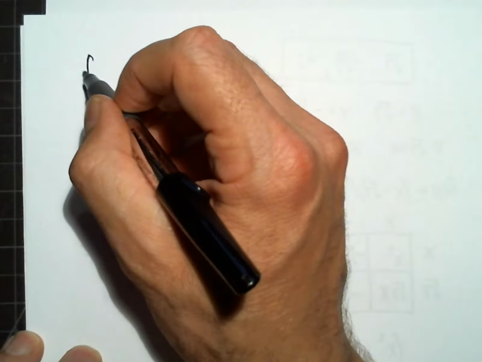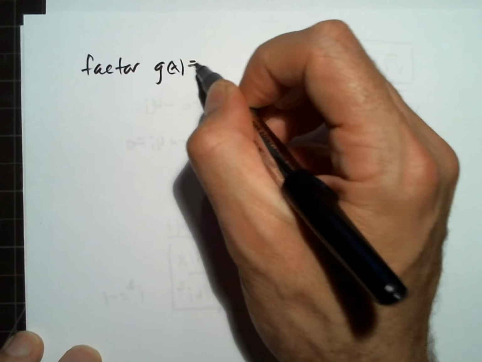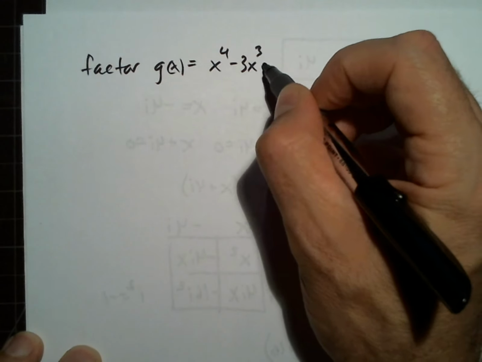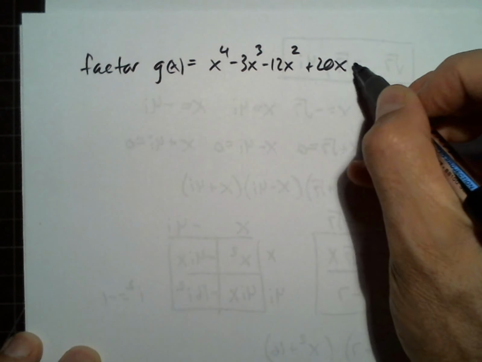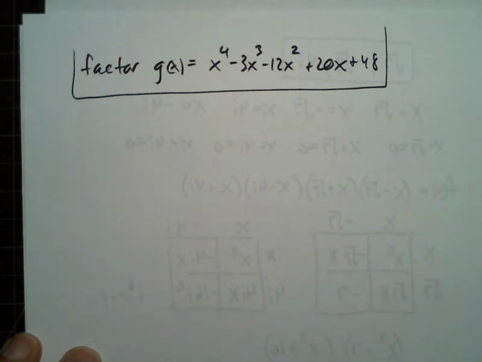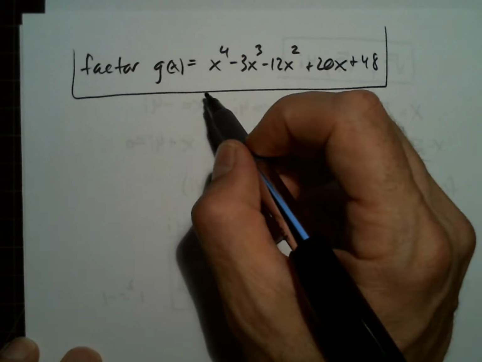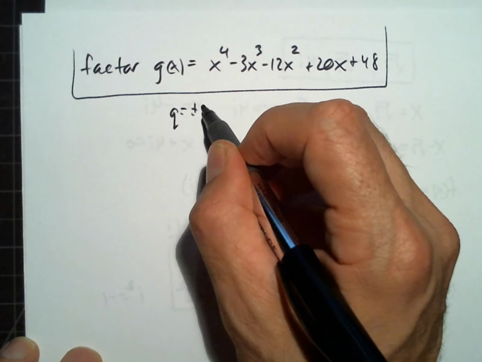Now let's review factoring. So let's start with possible rational zeros, and we have a 1, so that'll give us positive or negative 1.